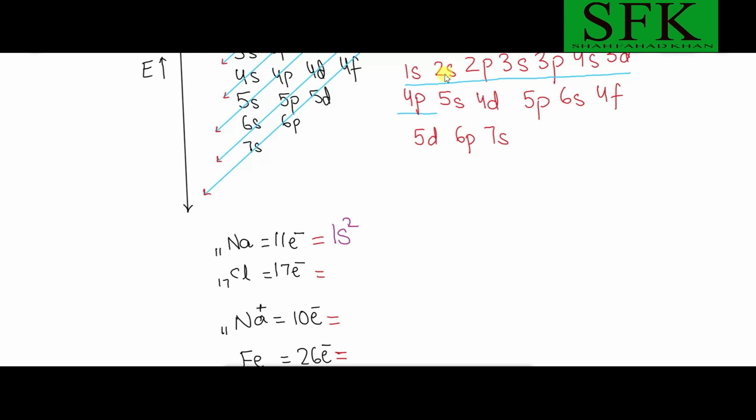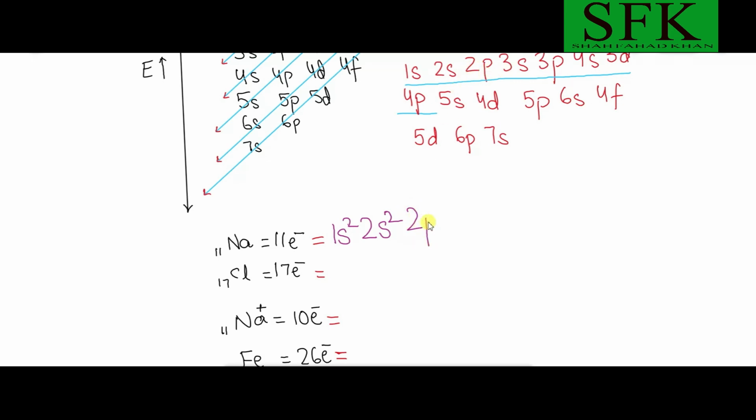Then the next orbital to be filled is the 2s orbital. Again, the s subshell has a maximum of 2 electrons. So out of the 11 electrons, 4 have been taken care of, and 7 electrons remain. After 2s, the 2p orbitals are going to be filled.